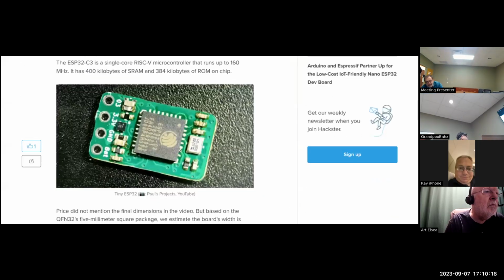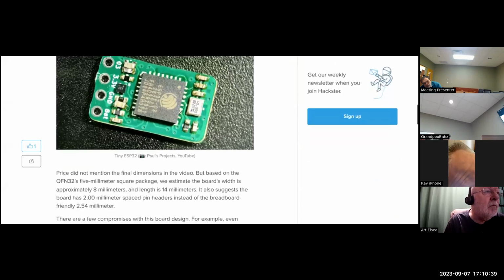Oh, it's a C3. There is, okay, 3 volt, ground, ESP 0203. Yeah, 3.3, ground and back. Okay.